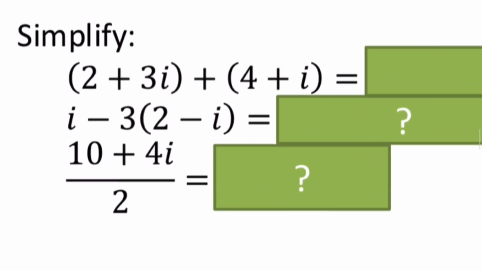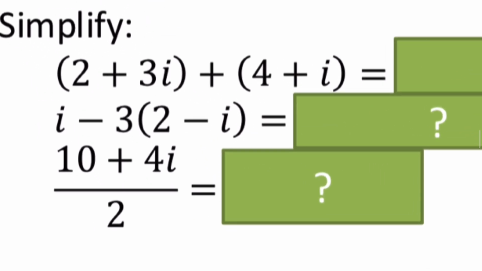Okay, if we look at the double bracket option in terms of adding and multiplying, the first one would be 2 plus 4, that gets us 6. And 3i plus i, collecting like terms, you get 4i. Again, this is your standard brackets: i minus 6, and then it's -3 times -i, so you're going to get plus 3i.